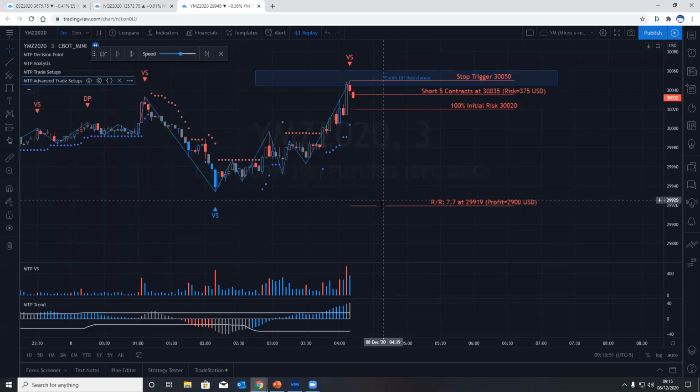For you guys who've been with MT Predictor for a while, you will notice the DP from the opposing low down there. But this is the beauty of the VS setup, just like our wave 3 trade setup, that when the market goes with you, it probably goes with you quite quickly and quite a long way. So the trade setup is where potential profit is much larger than your initial risk or your losses when you go wrong.